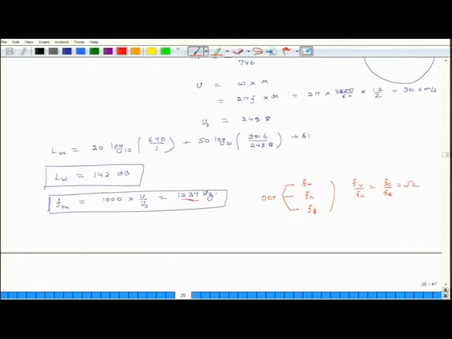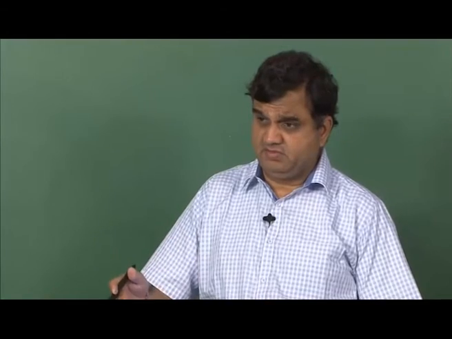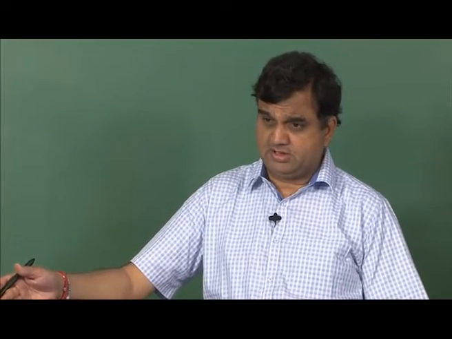So, we have to figure out in which octave band this 1237 hertz lies. How do we do it? We have to just try it. Let us guess, because it is close to 1000. What are the industry standard octave bands? 500, 1000, 2000. So, it is nearest to 1000.